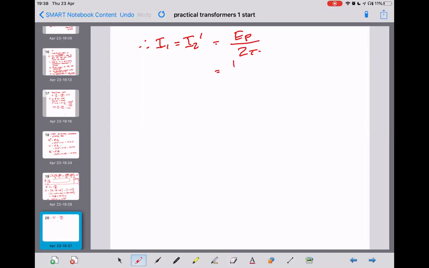That's 11,000 angle 0 degrees divided by 1229 angle 2.73 degrees. Yeah. And I make that 8.95 amps angle minus 2.73 degrees.